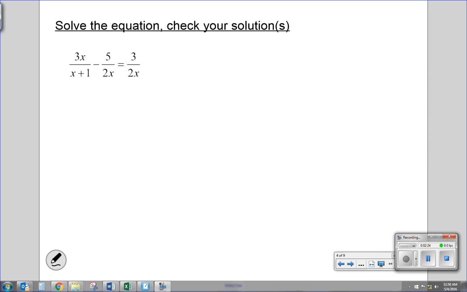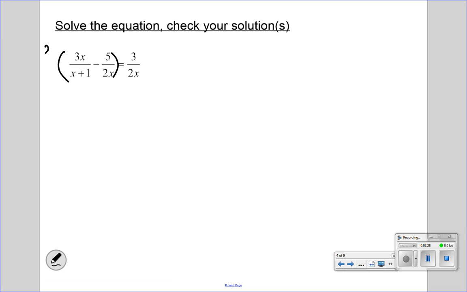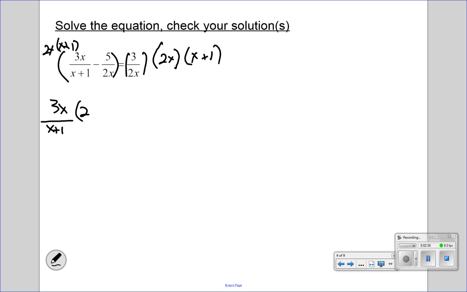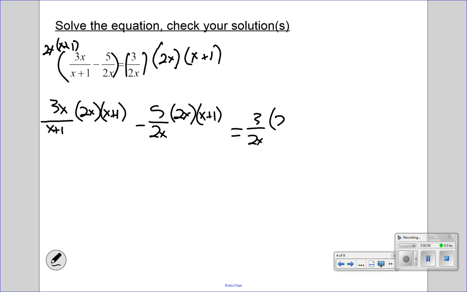Alright, so this one, our common denominator is 2x and x plus 1. So we're going to multiply everything by 2x and x plus 1. So we have 3x over x plus 1 times 2x times x plus 1 minus 5 over 2x times 2x times x plus 1 equals 3 over 2x times 2x times x plus 1.